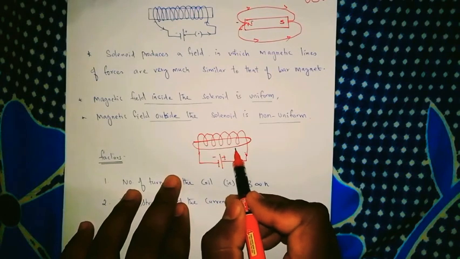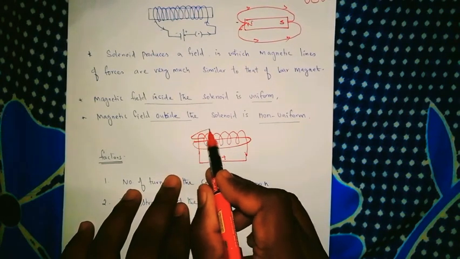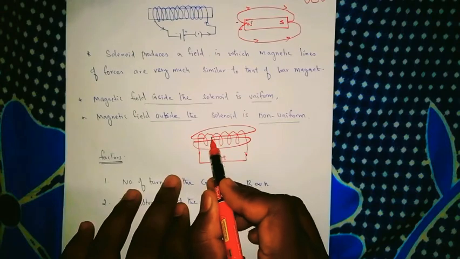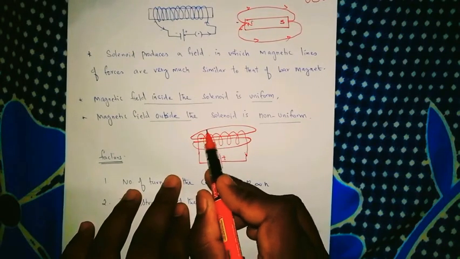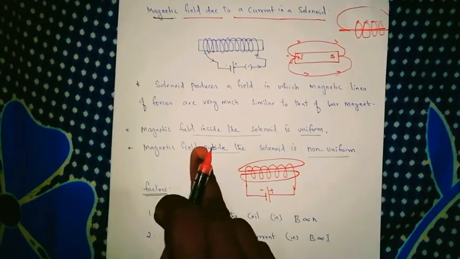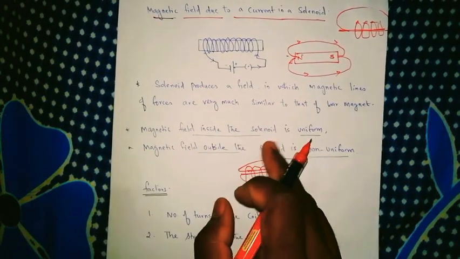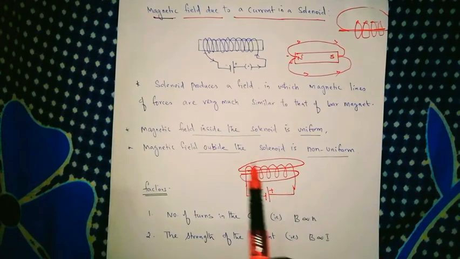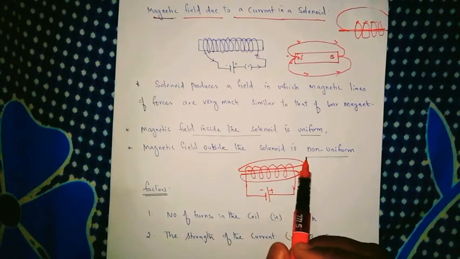Okay, and also on the top. But when you watch carefully, inside and outside you can find the lines are moving. So the magnetic field inside the solenoid is uniform, but the magnetic field outside the solenoid is not uniform.